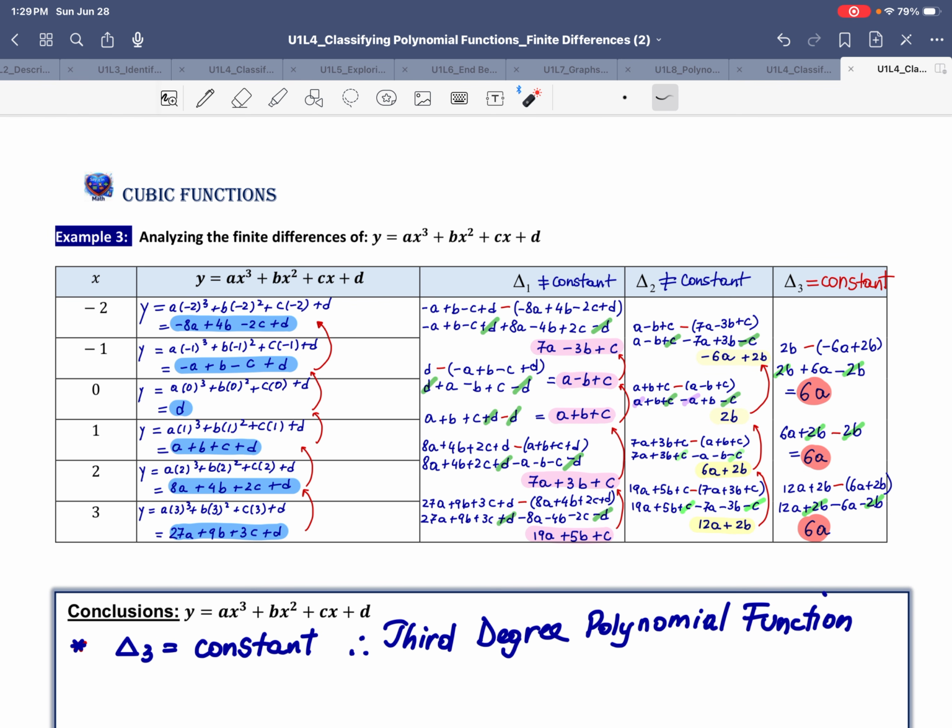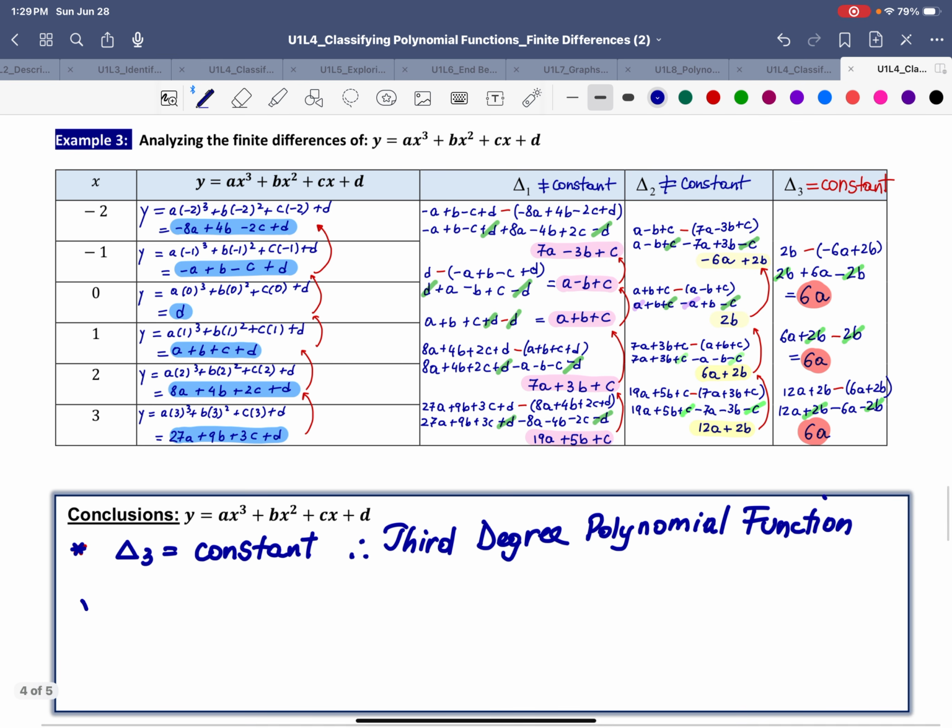So we need to find out if there are any patterns between the differences and all these coefficients, or in other words, where can we find these coefficients in all this work that we have done here? So as you can see, delta 3 is equal to 6a, and we derive this from a general form of the equation, so that is going to work whatever the a value in a specific or unique equation is.